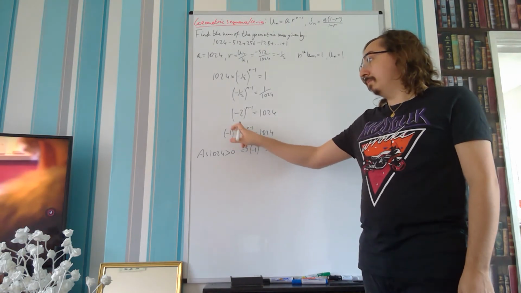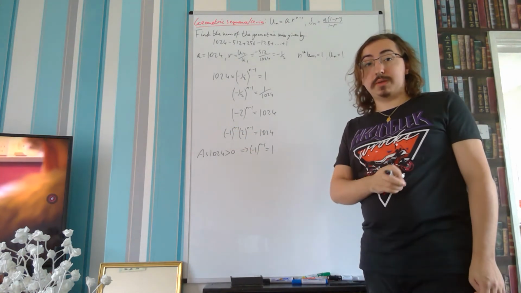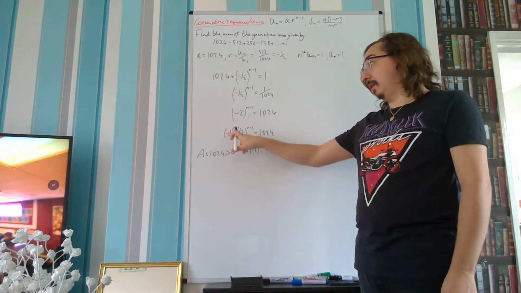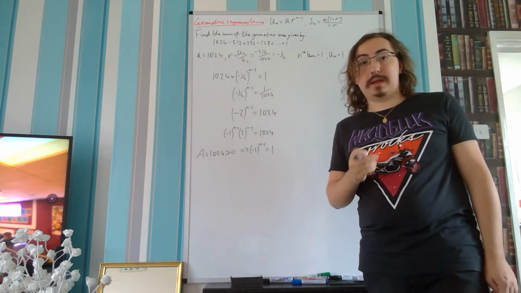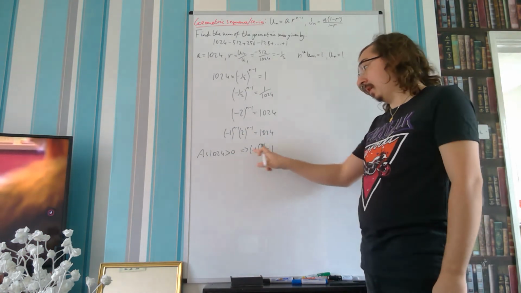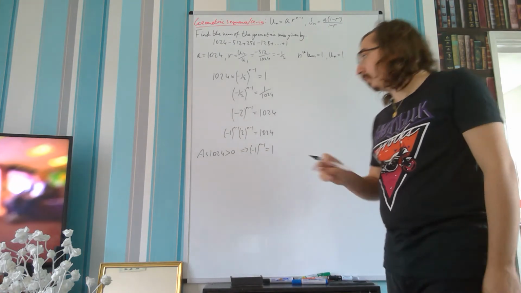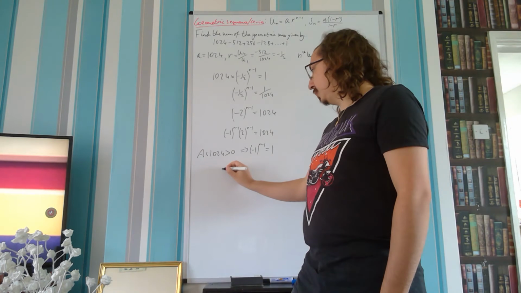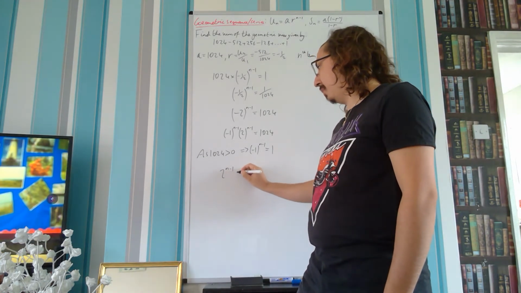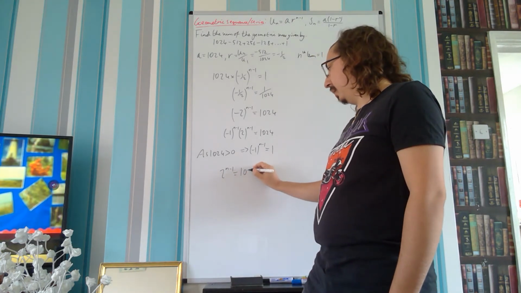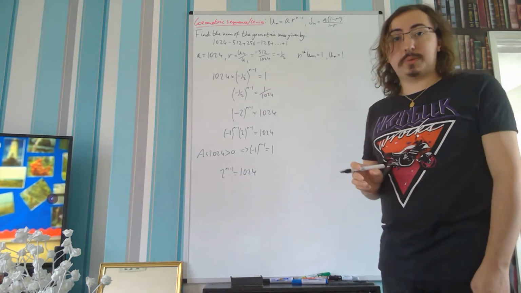Because the power can only make this either minus 1 or 1, if it made it minus 1, this would have had to have been a negative value. Because it's positive, the minus 1 to the power of n minus 1 must be equal to 1. So in other words, we can say that 2 to the power of n minus 1 is equal to 1024.